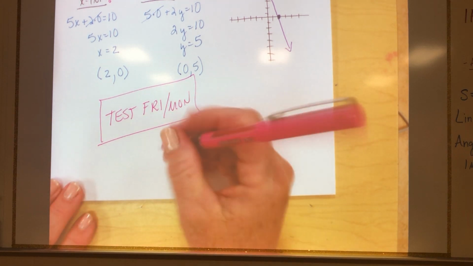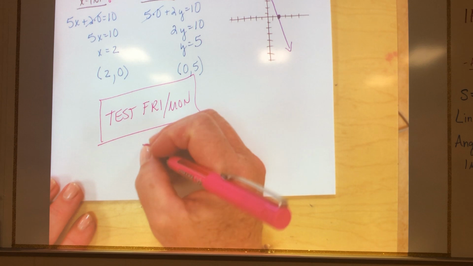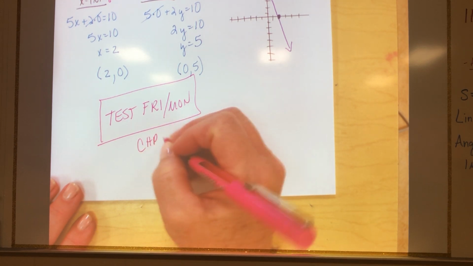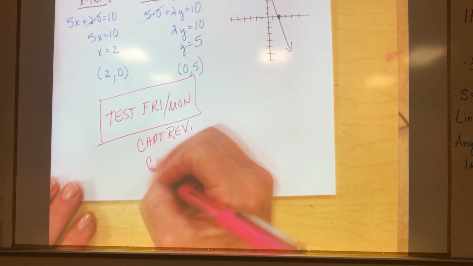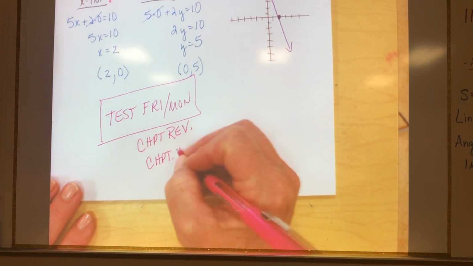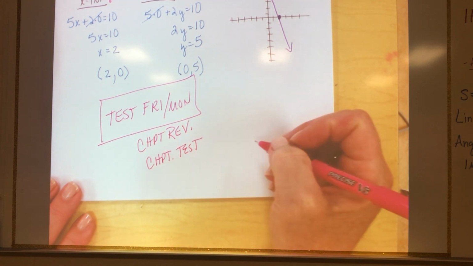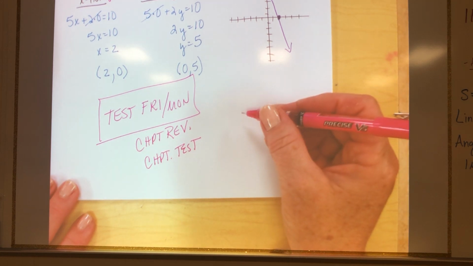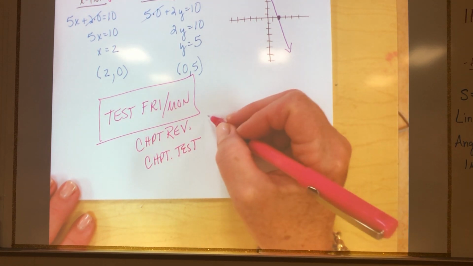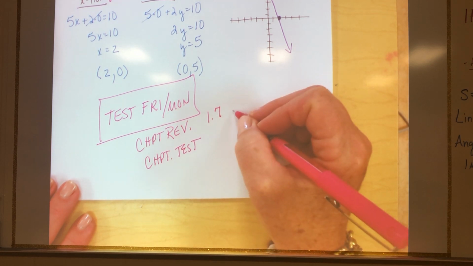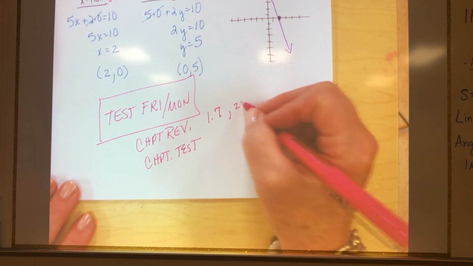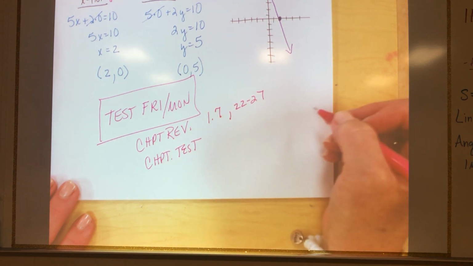All right, I told you to take pictures of the chapter review and the chapter test. Obviously the review is 1.7. On the chapter test, it's problems 22 through 27.